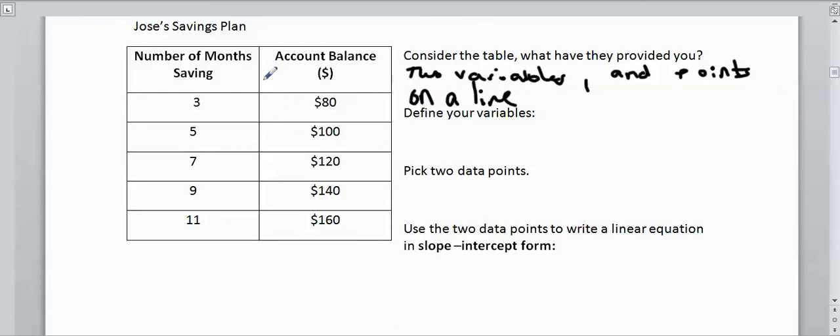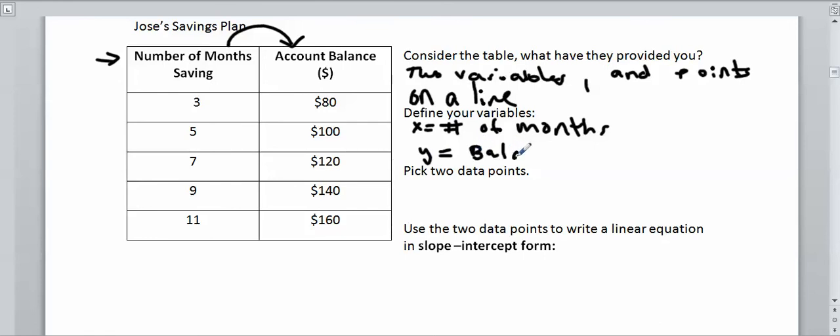Okay, now again, we have to decide which is my x and which is my y. So when I define my variables, I'm looking at which one is independent and which one is dependent. Well, does the number of months depend on the account balance? No, the account balance depends on the number of months. So my x is going to be the number of months and the y is going to be my balance.